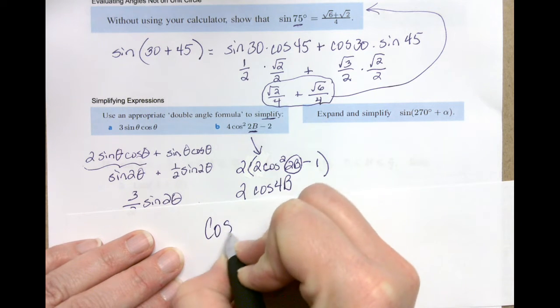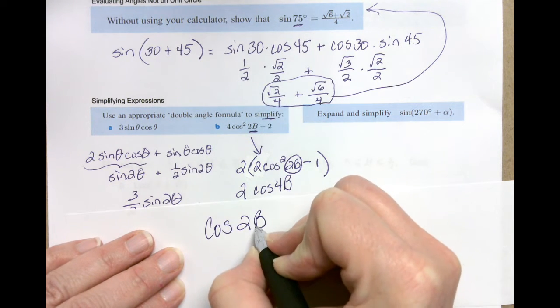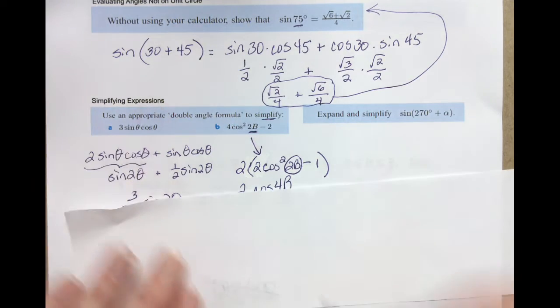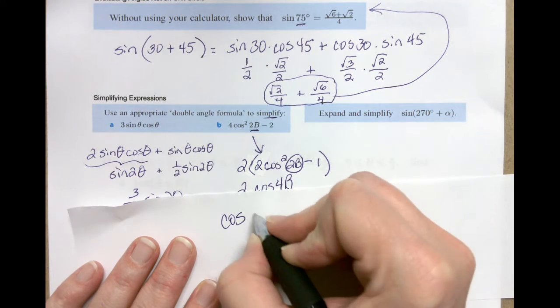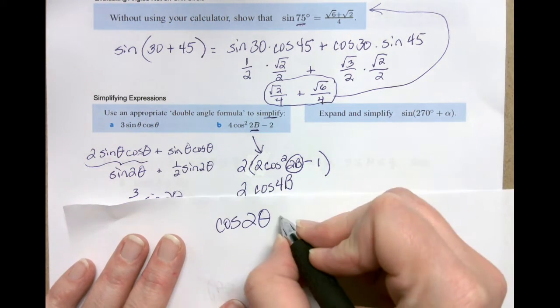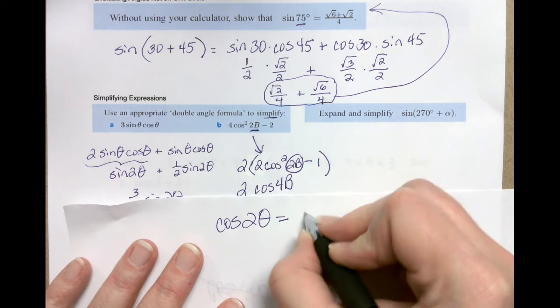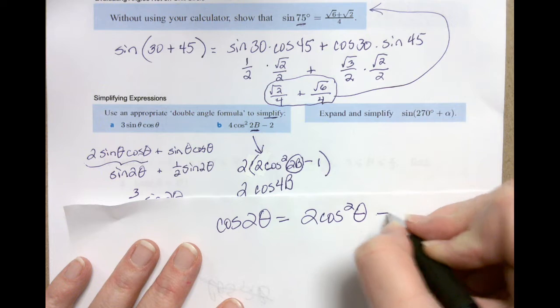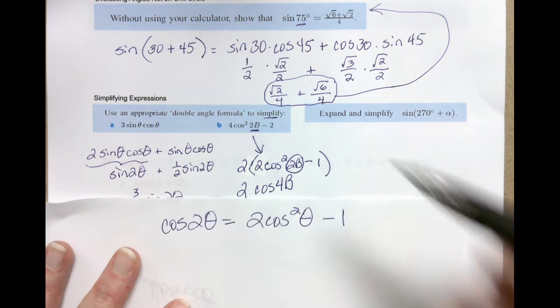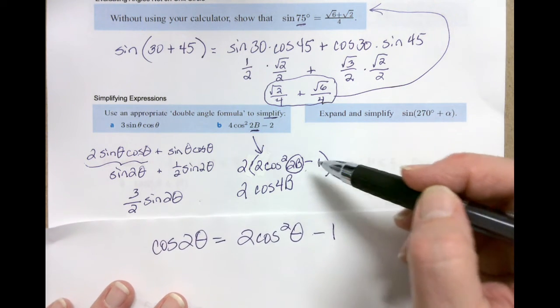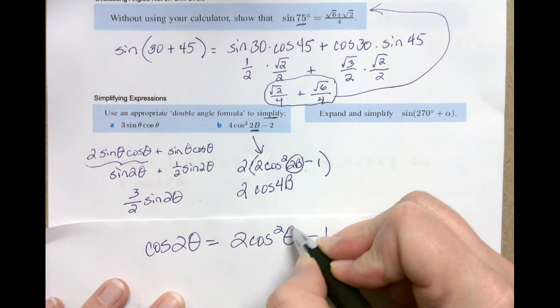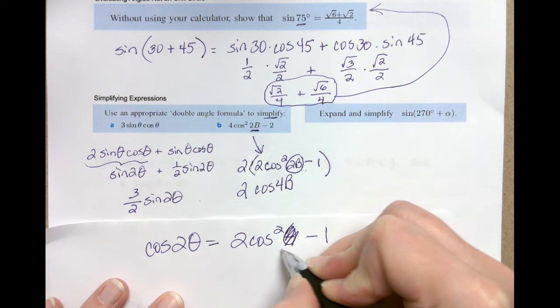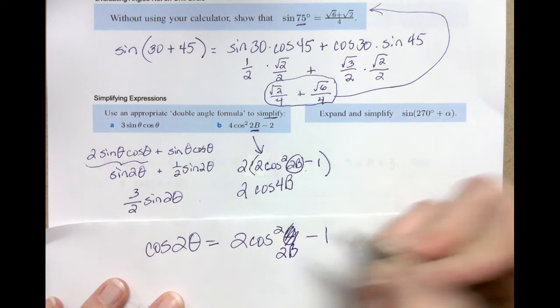Cosine of 2 theta is equal to 2 cosine squared theta minus 1, right? Well, in this problem, I don't want theta. That is actually 2b.